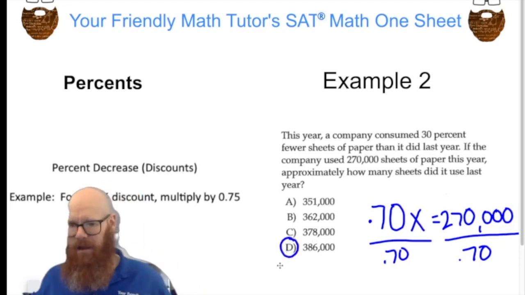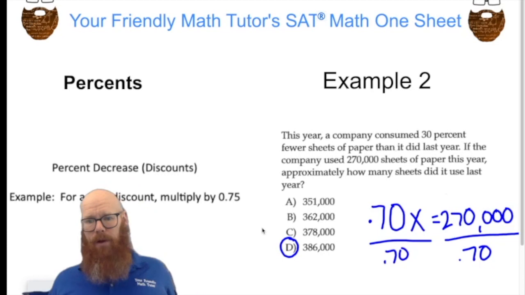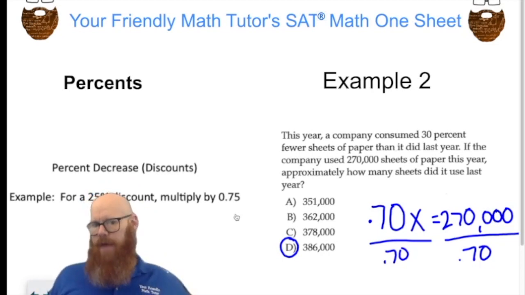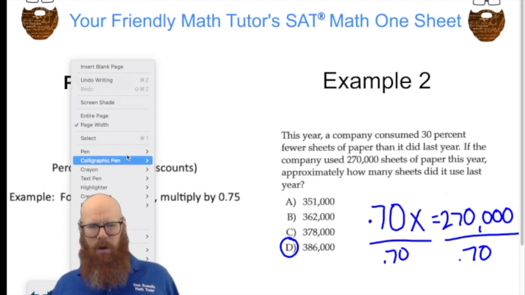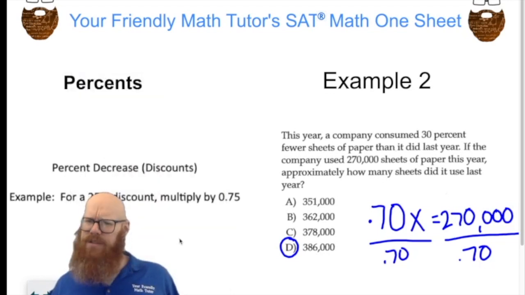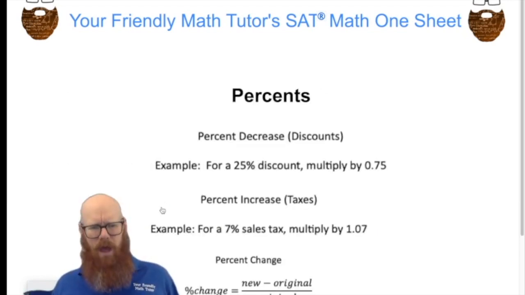Again, you can check that in the calculator. But again, the key to the problem is knowing that if it's 30% fewer, then we're multiplying by 0.7. That is a really key concept on the SAT when it comes to percent problems. All right, let's keep it moving.